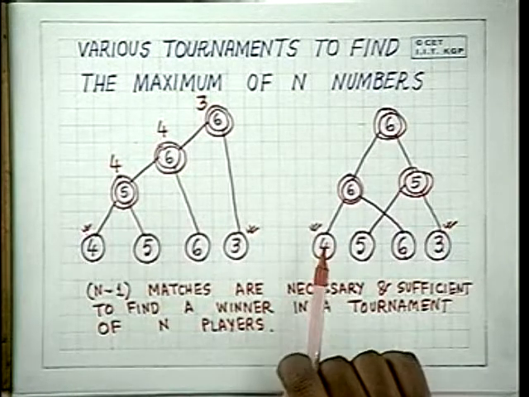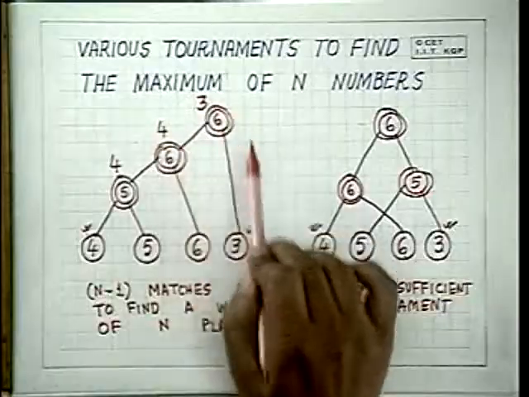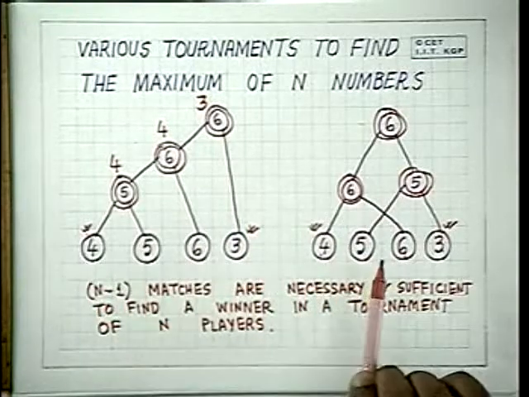And if you could set up a tournament which minimizes the set of losers in the first match, then only among those losers you will find out the minimum. So that is how you could solve the minimum more efficiently. That is the insight that we will use to solve the maximum and the minimum of n numbers.